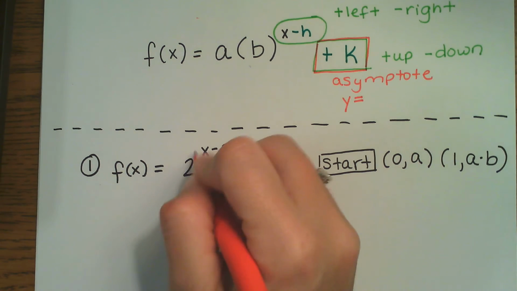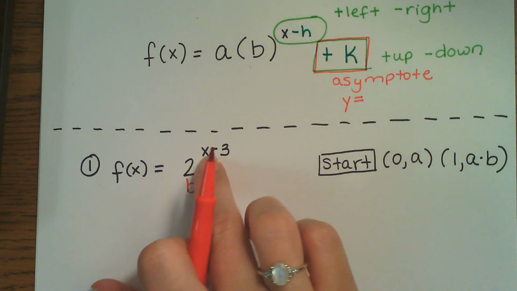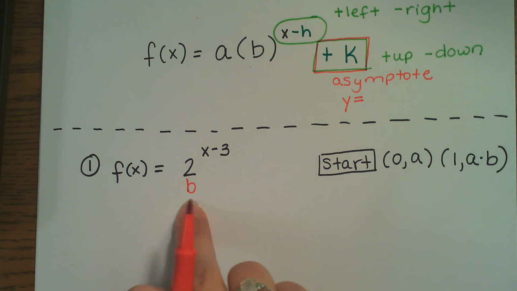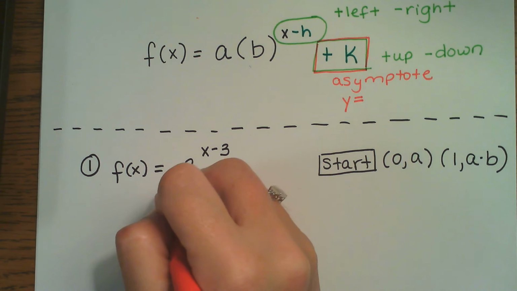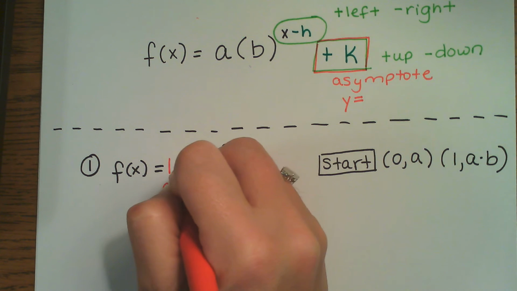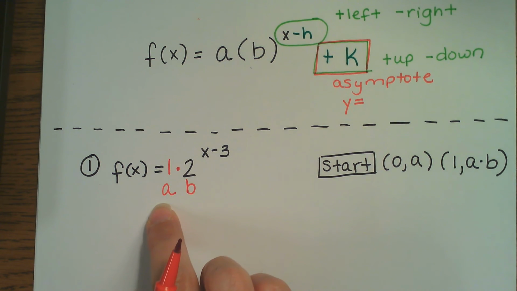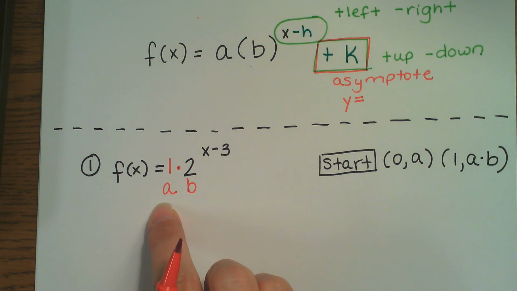So there's always going to be a base because there's always going to be an exponent. So b is always going to be a number that you will see. A, though, you may have to use a 1 if there is not a number in front of your base. And that will happen a couple of times in today's practice, so I just wanted you to know that.